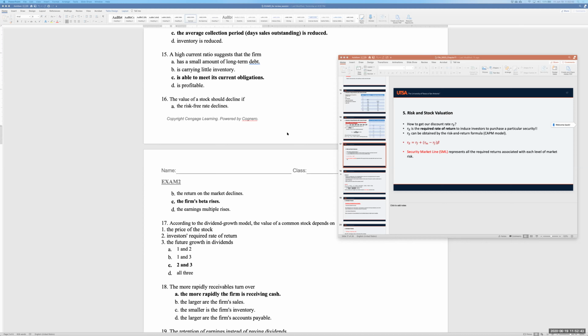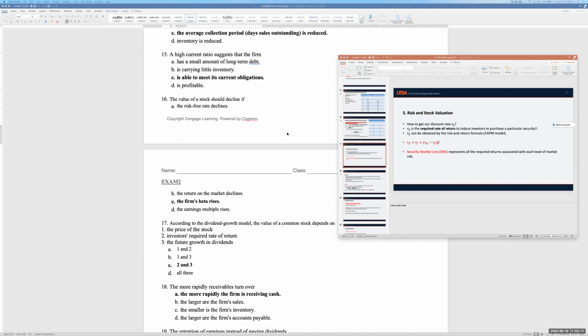No. If it has a small amount of long-term debt, but we don't know the short-term debt, right? So put a question mark for answer A.